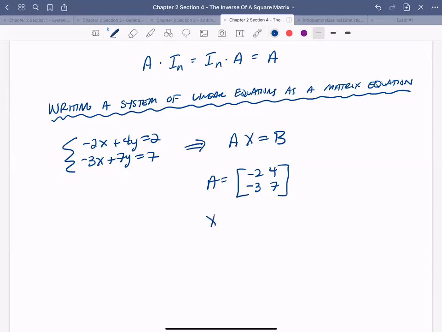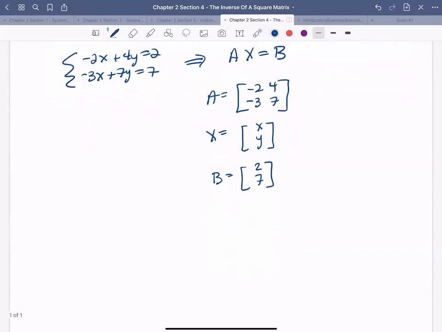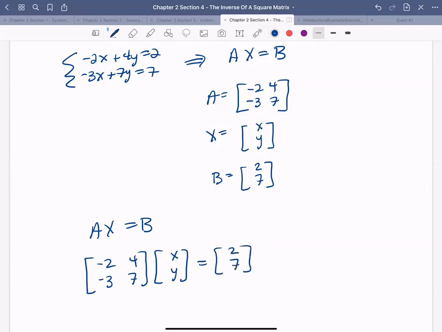X is our variables, x and y. And b is what equals on the right side of the equation, so 2 and 7. When we rewrite this, Ax equal to b becomes the matrix negative 2, negative 3, 4, and 7 times our x matrix of variables, x and y, equal to 2 and 7.